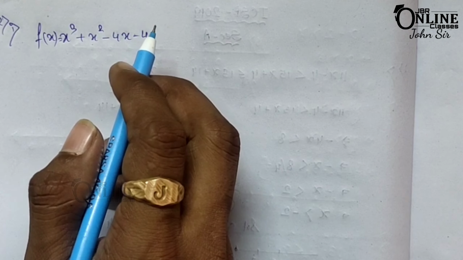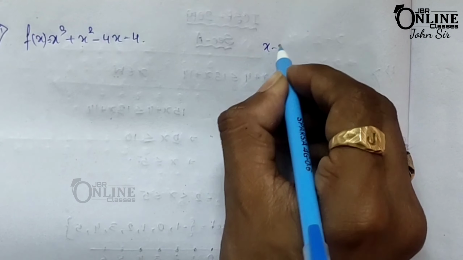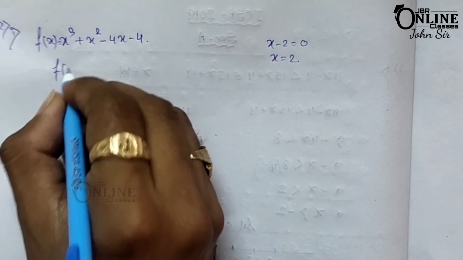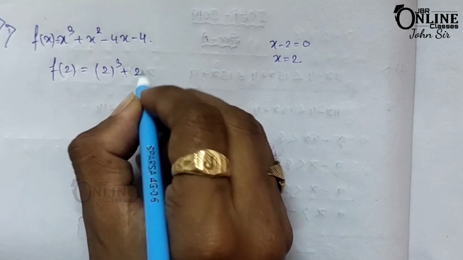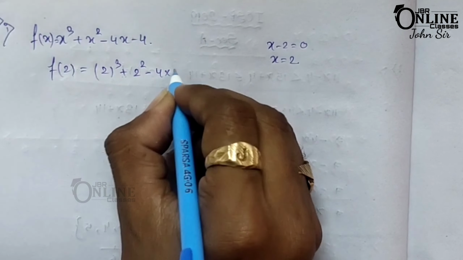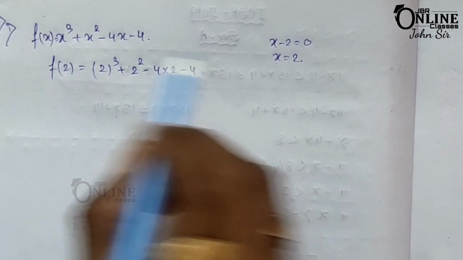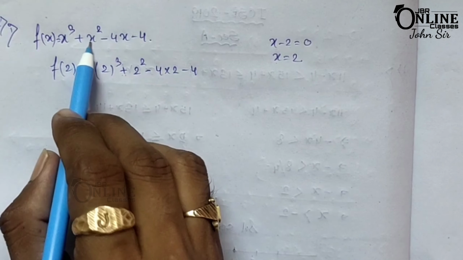And as x minus 2 is a factor, that means x minus 2 equals 0, and from that x equals 2. So here f(2) equals 2 cube plus 2 square minus 4 into 2 minus 4. As the value of x equals 2, just put the value of x, that means 2, in the given polynomial.